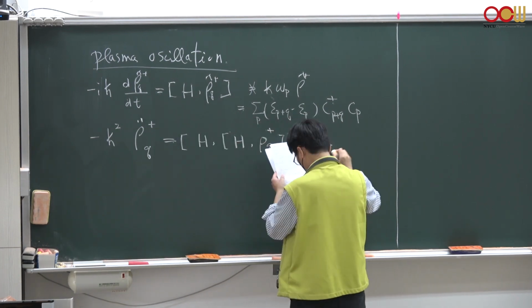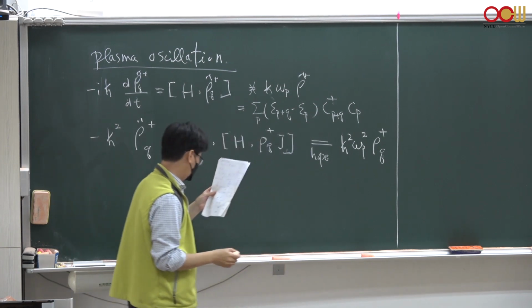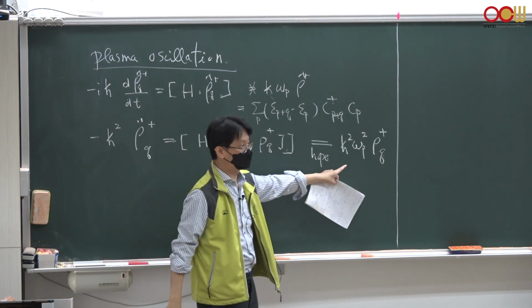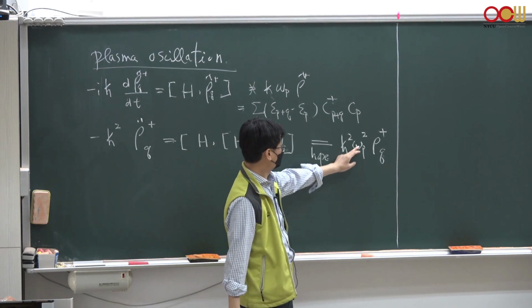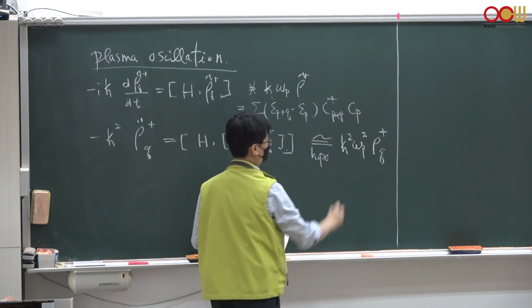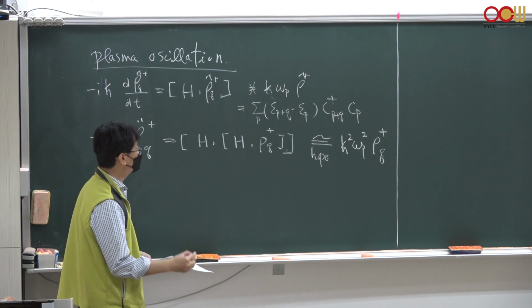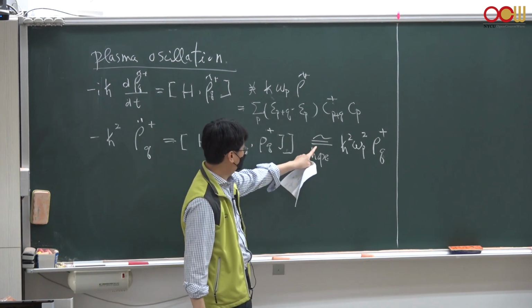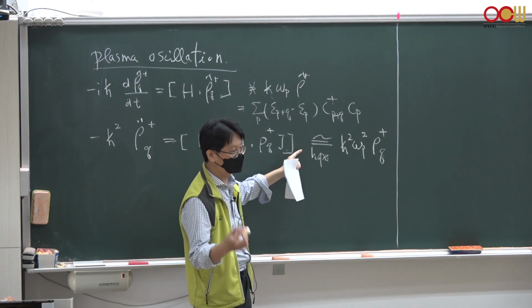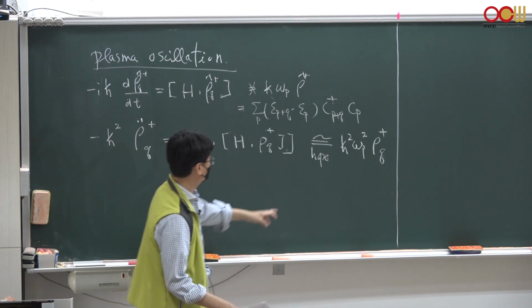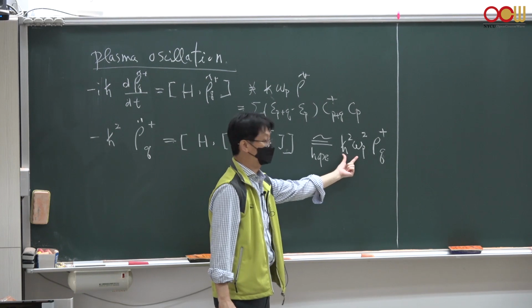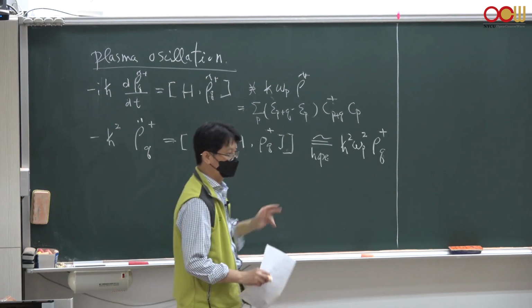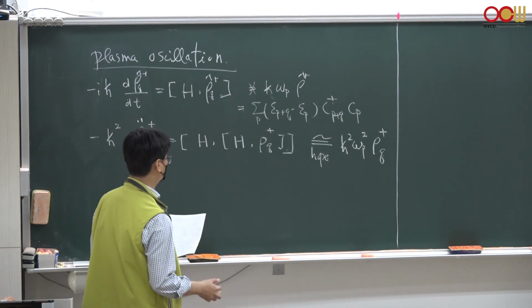And the hope is that this can give us the second order plasma oscillation frequency, h bar squared omega p squared, times this rho dagger of q. Okay, so this is the hope. But by the end of the day, we will show that this hope is really coming true, because we can make some approximations so that this prefactor is a momentum-independent constant.